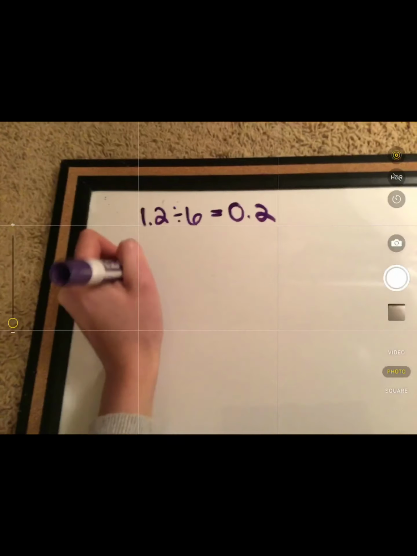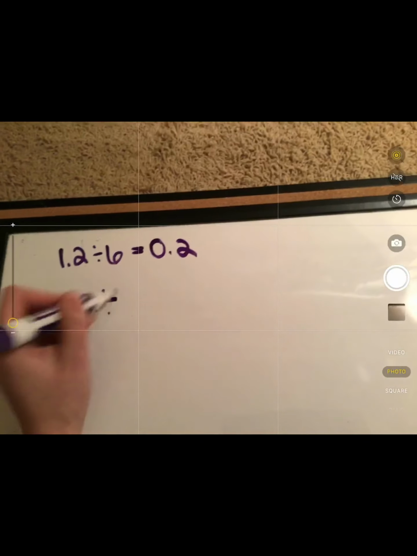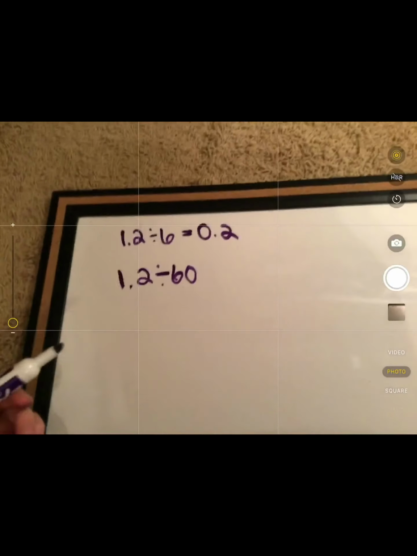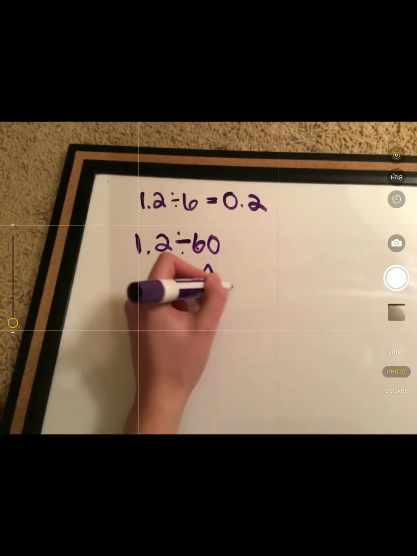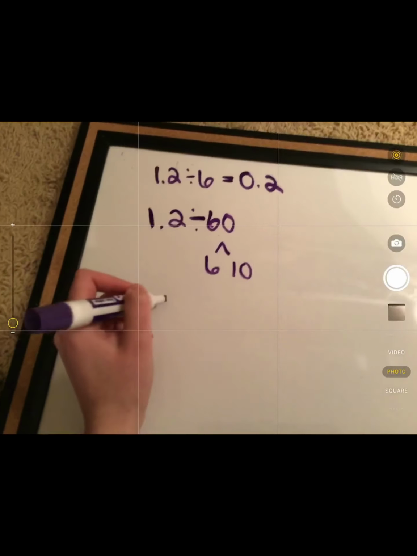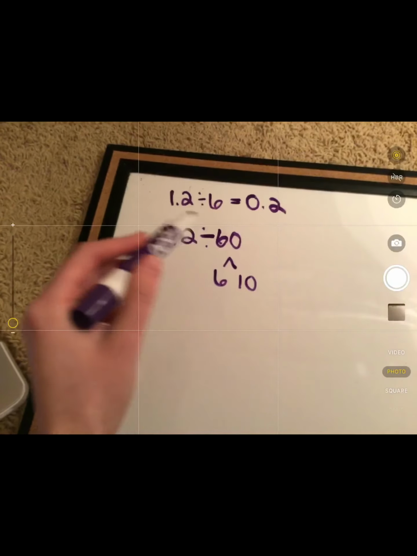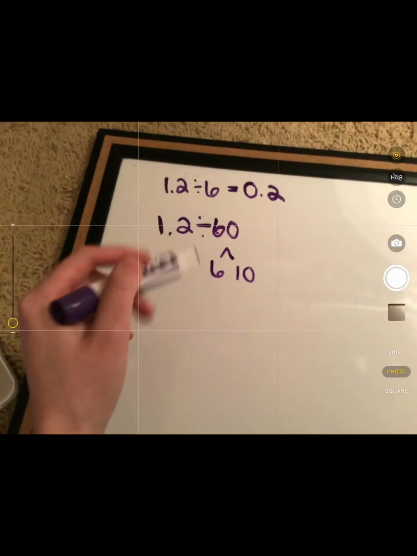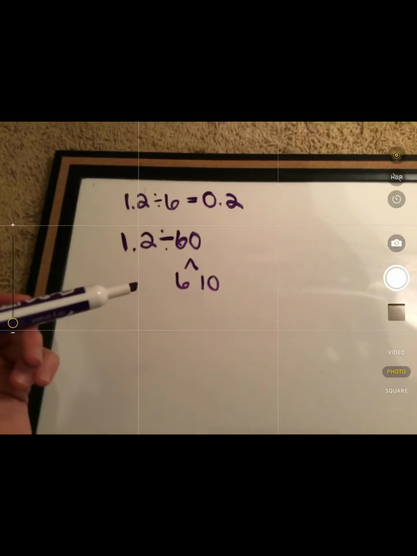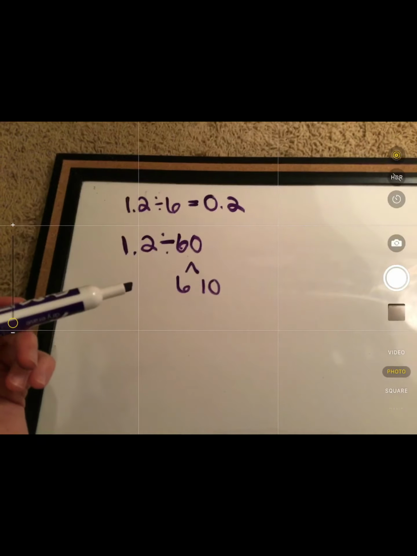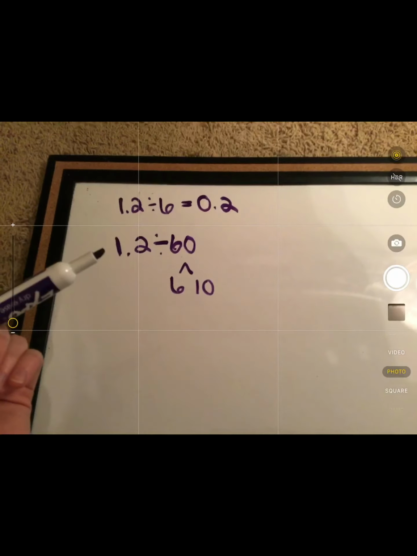But then if I were looking at 1 and 2 tenths divided by 60, I would look at breaking this up into 10 and 6, and then going about solving this problem like we have been doing. So go ahead and try this one on your own. Go ahead and pause this video so that you can practice.